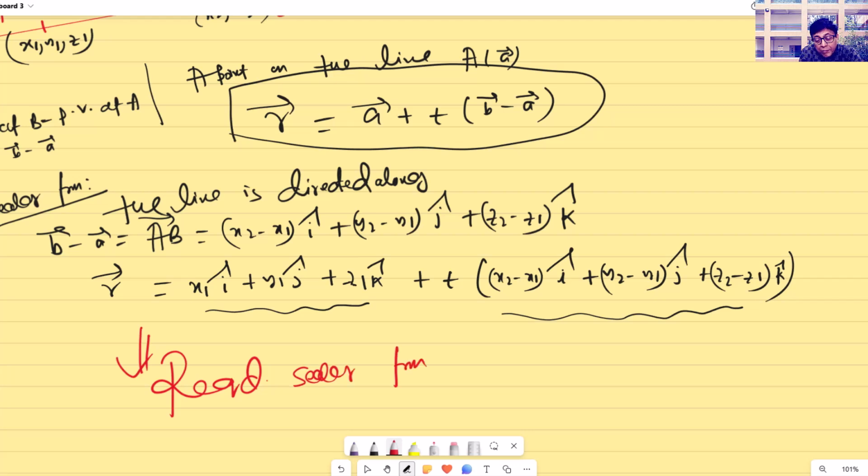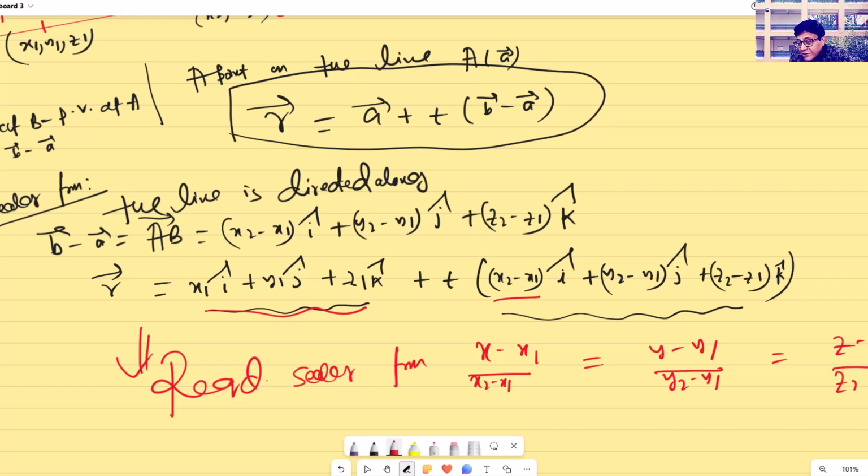a point is this, x minus x1, y minus y1, and it is directed along y2 minus y1. Here it is. This is 2-point form. Okay?